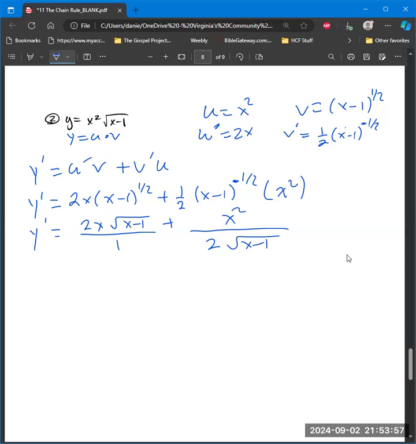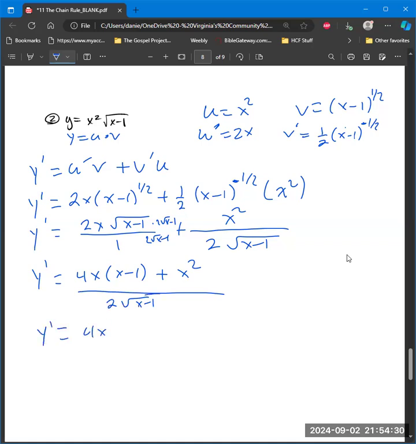Let's make a common denominator here by multiplying here by 2 root x minus 1, like so. y prime is going to be 4x times x minus 1 plus x squared over 2 root x minus 1. y prime is going to be 4x squared minus 4x plus x squared over 2 root x minus 1, which is 5x squared minus 4x over 2 root x minus 1.